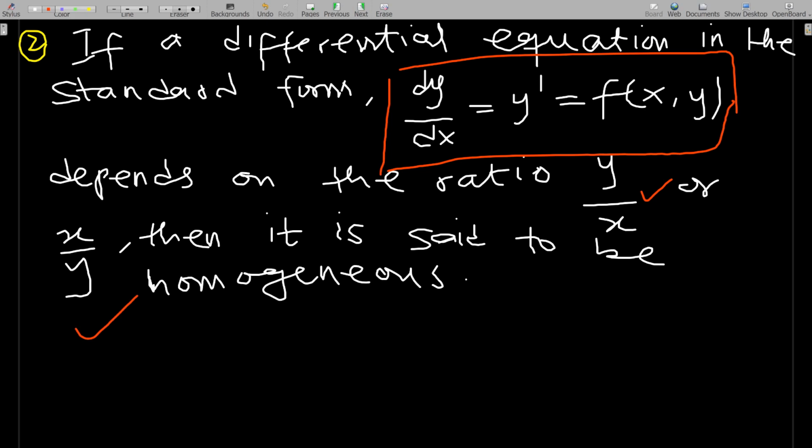So we have two ways of showing that a first order differential equation is homogeneous. One, if it is written in the differential form, the M of xy and the N of xy are both supposed to be homogeneous functions with the same degree. Or when it is written in the standard form, y prime depends on the ratio y over x or x over y. So these are the two points you use to state that a first order differential equation is homogeneous.